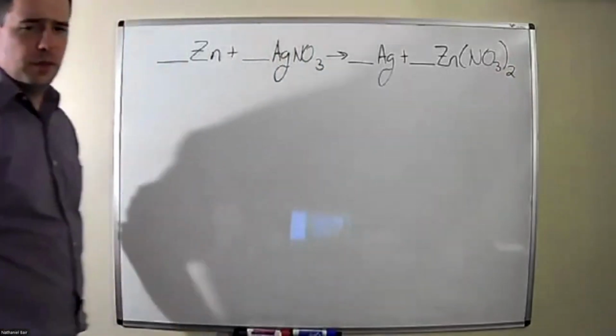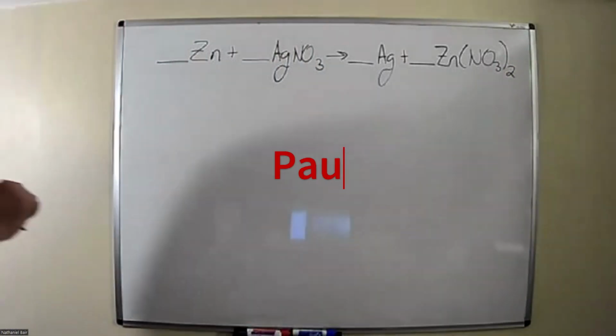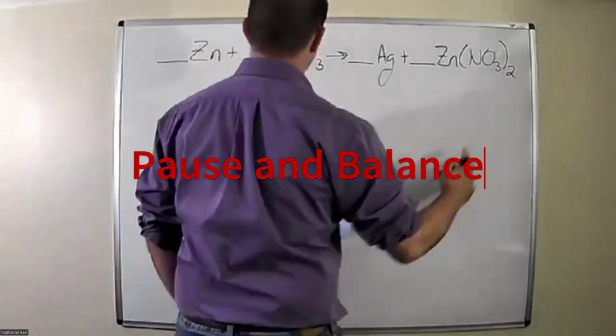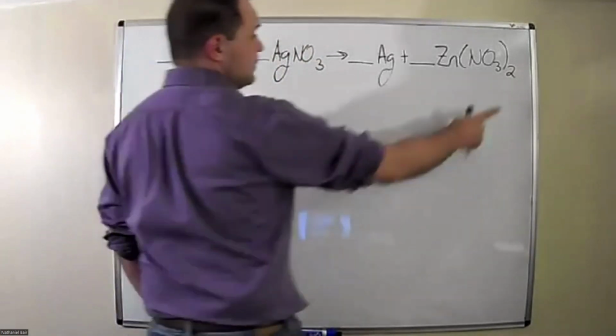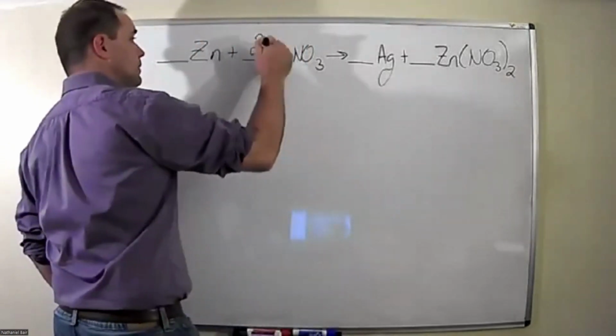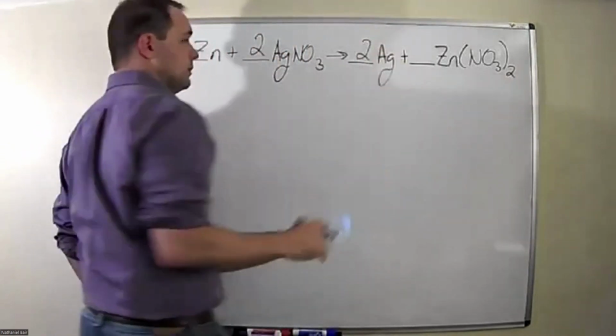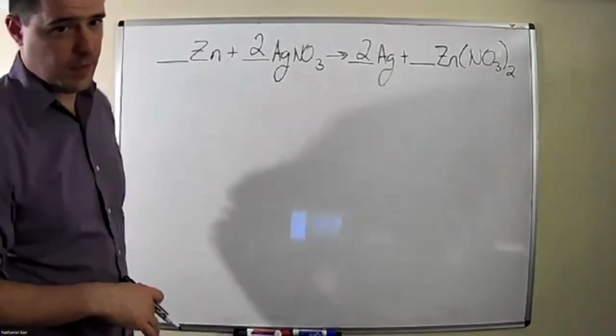First thing, go ahead and balance it. You need the practice. I don't. Big tip number 2. So 2 nitrates, we're going to pop a 2 there. 2 silvers, we're going to pop a 2 there. Cool. Hopefully I'll balance that, right?